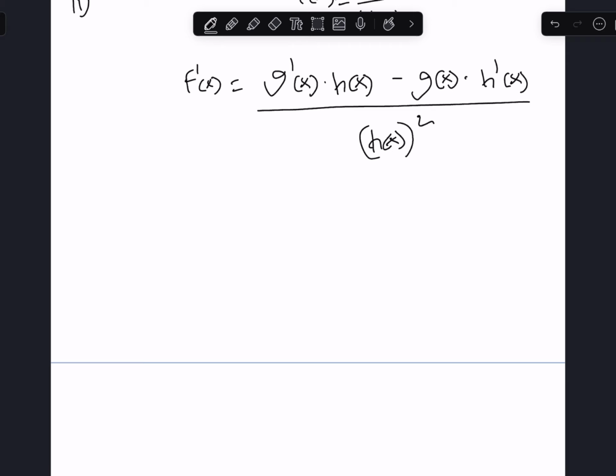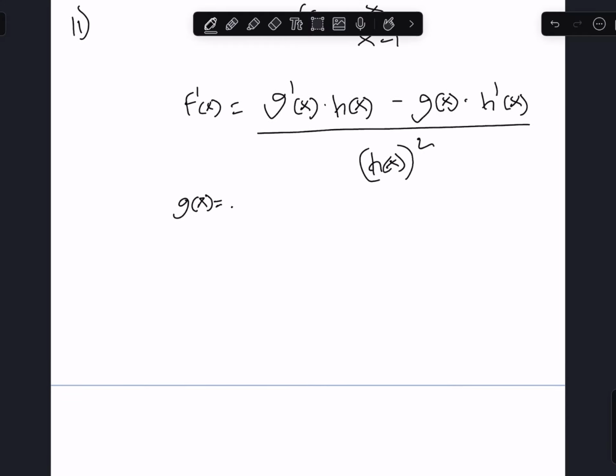So now we just simply have to input our values. Our g of x is x, and our h of x is x minus 1. G prime of x is equal to 1, and h prime of x is equal to 1 minus 0.